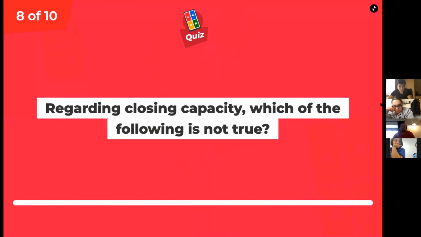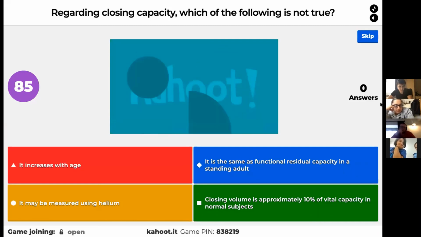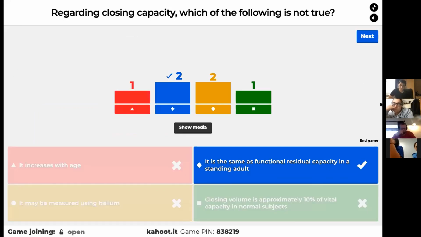Regarding closing capacity, which of the following is not true? Okay.